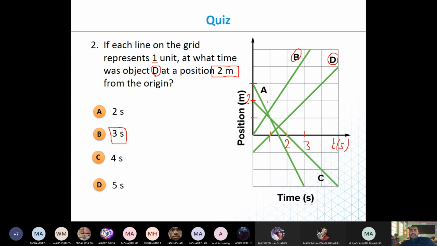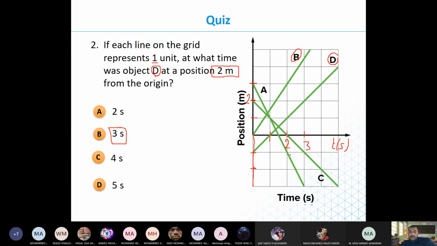So now, guys, let's say the line A. This is the line A. If we say at position, this is a negative value, guys, of position.